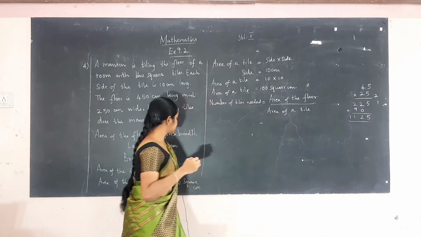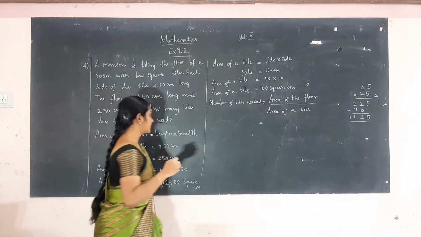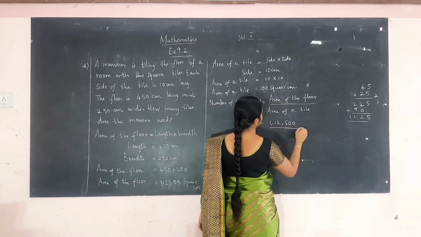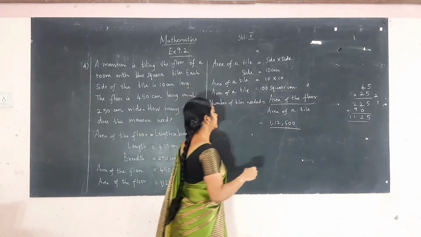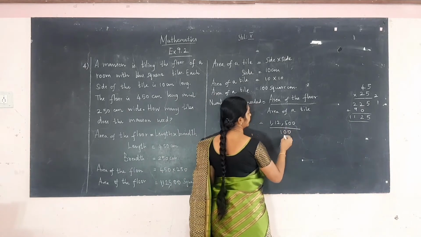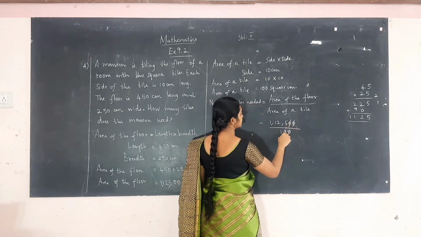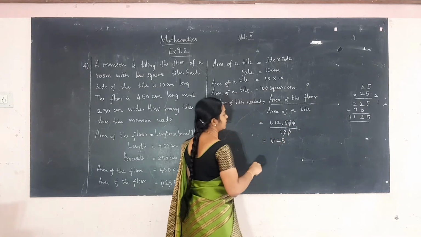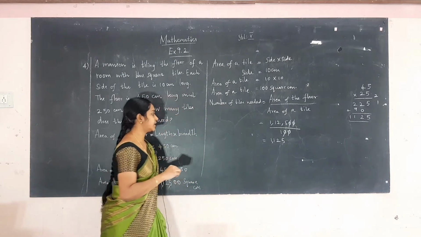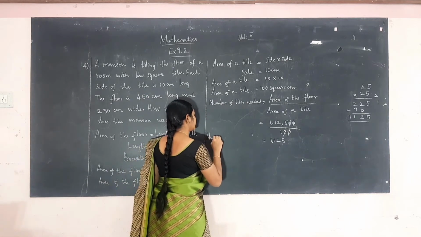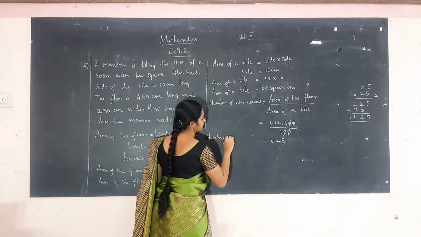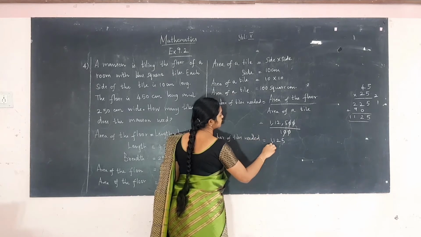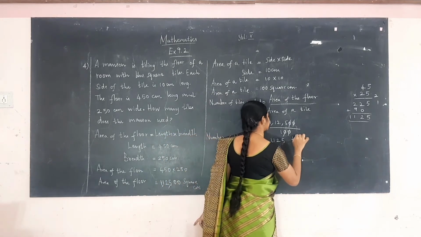Area of the floor is 1,12,500 divided by area of a tile, which is 100. We can cancel 2 zeros, so it is 1,125. Number of tiles needed is equal to 1,125 tiles.